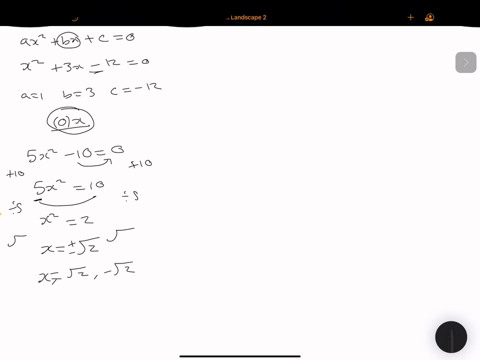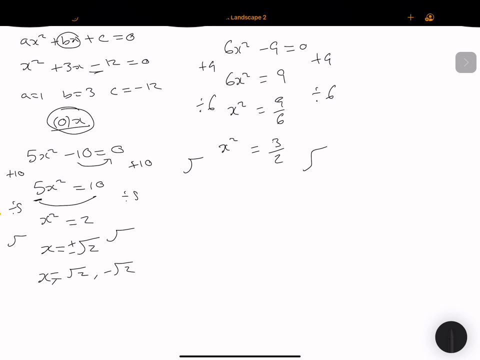Okay, another example. 6x squared minus 9 equals 0. So we're going to add 9 to both sides, which will leave us with 6x squared equals 9. Then we'll divide by 6 on both sides, which will get us 9 over 6. And then this can be simplified to be 3 over 2. And then square root both sides.